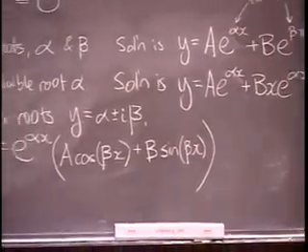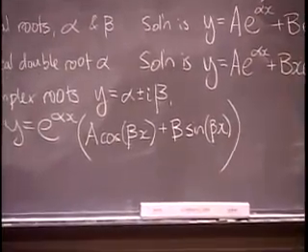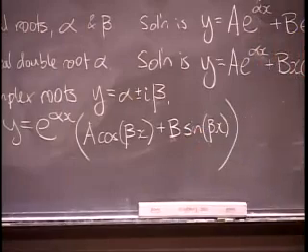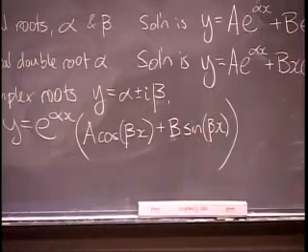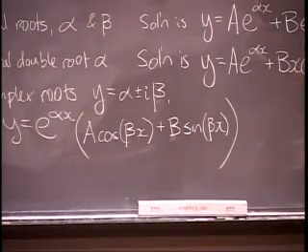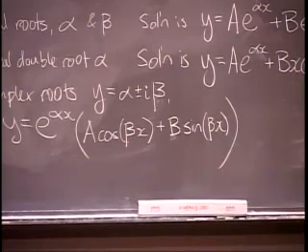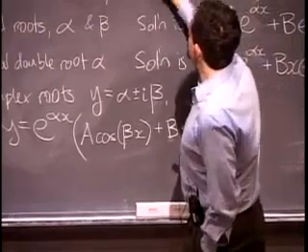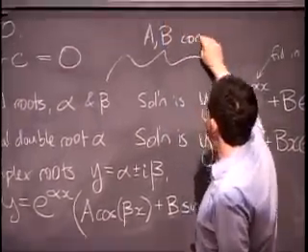And again, this is a B, not a beta. I cannot really justify this for you on the fly. It's something that you have to just work out and see and make sure that it works, or read it in the book.